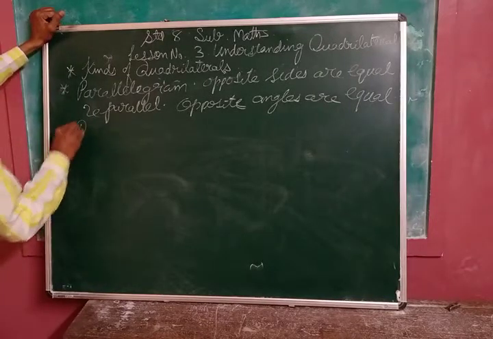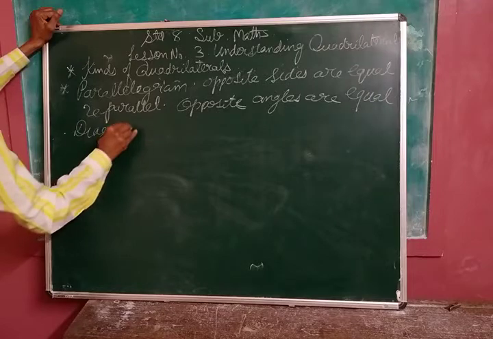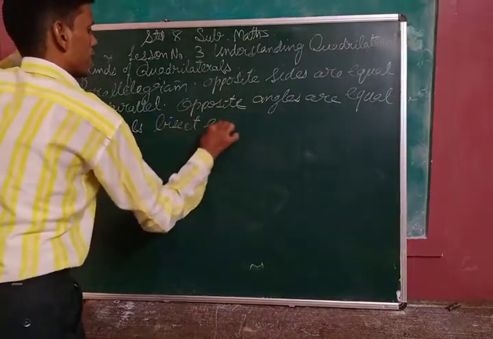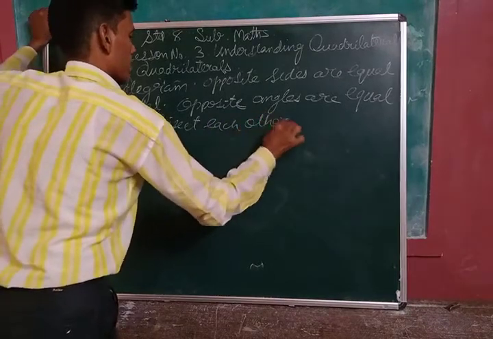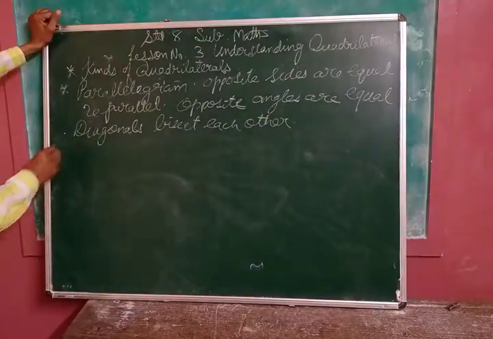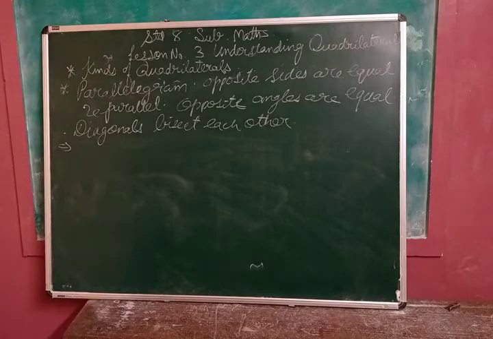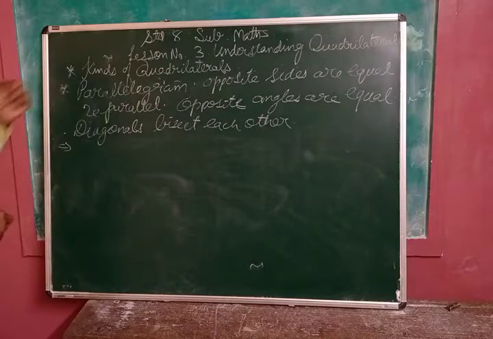Diagonals bisect each other. Okay, and the sum of two adjacent angles, or consecutive angles, is 180.